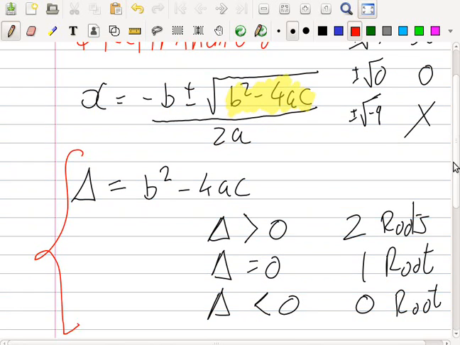Okay, so please make note of this table here. If you like, you can use the words real roots, but I won't worry so much about that right now. So 2 answers if it's positive, 1 answer if it's 0, and no answers if it's negative.